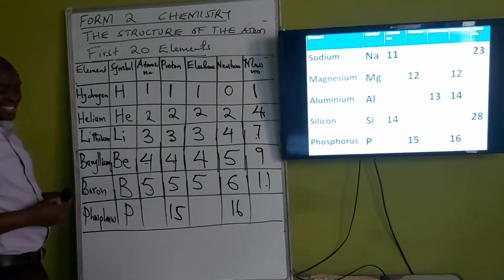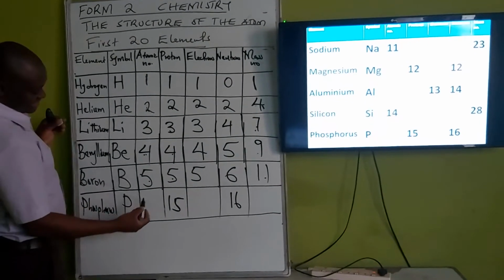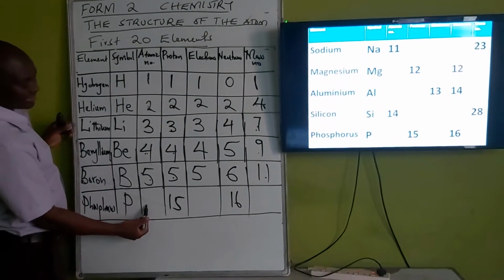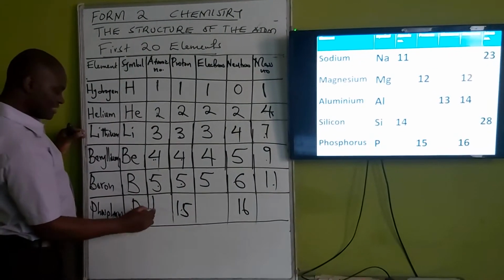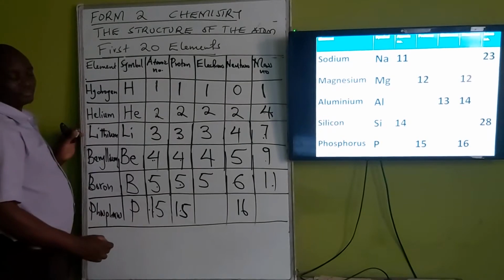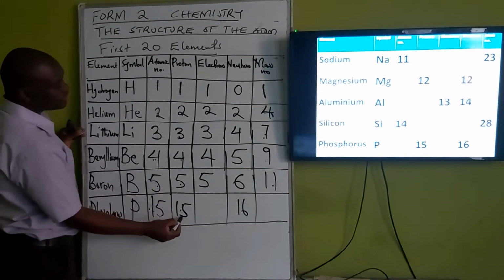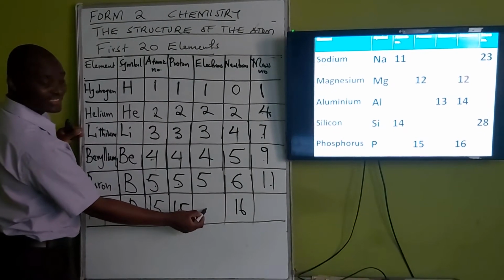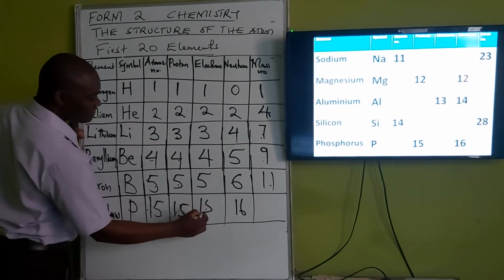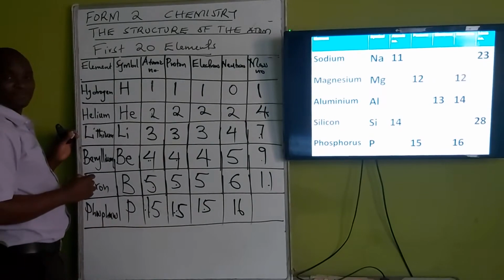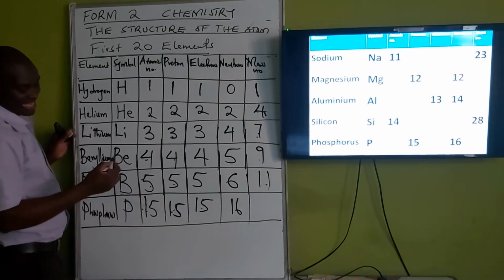So in completing the table, we know that atomic number is the number of protons. So protons and atomic number are equal. The number of protons and electrons are the same. So 15 protons, 15 electrons. What else?